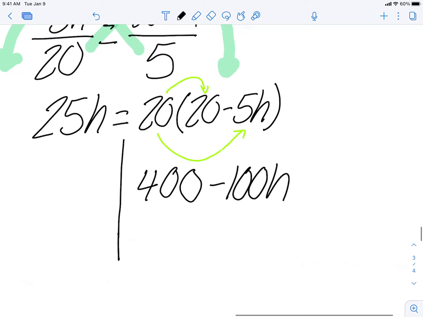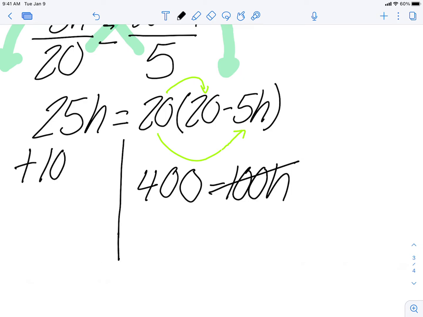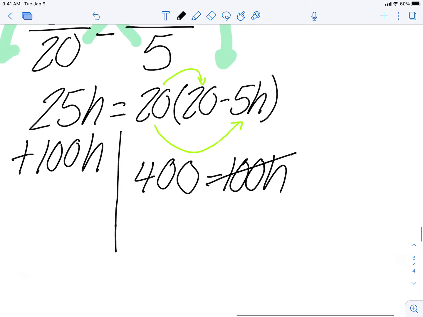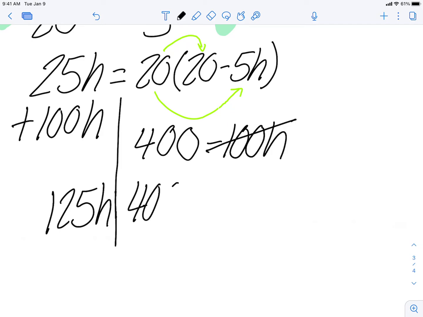Okay, so I have 25h here by itself. That means I got to move this negative 100h over and make it a plus 100h. Cross it out and I say plus 100h. 25h plus 100h is 125h. And I still have 400 here.